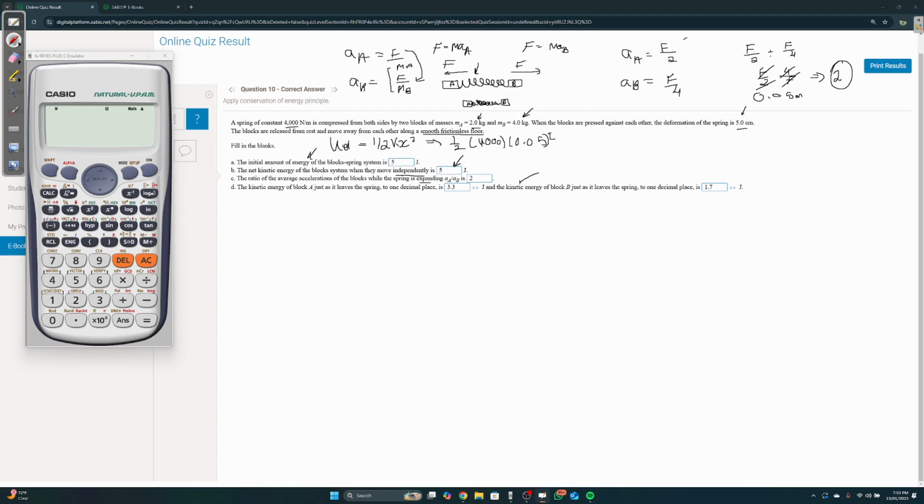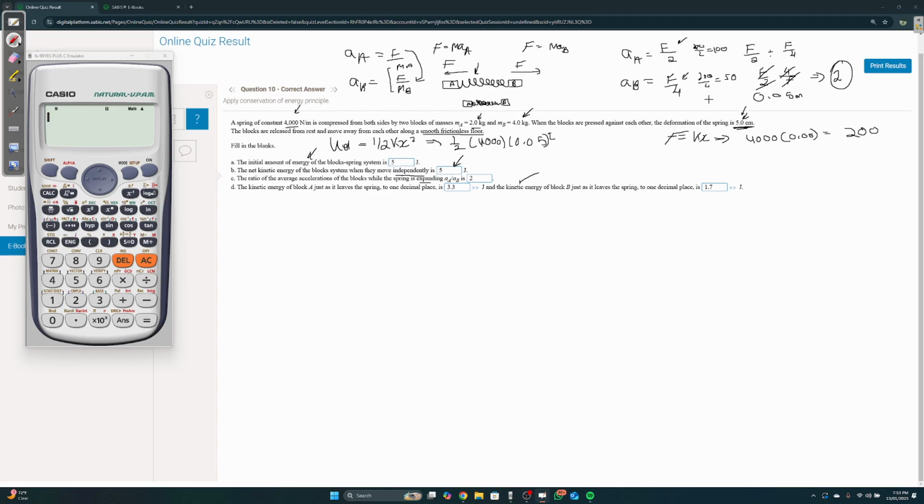How do you find the acceleration? It's F over 2 and F over 4. We know that the spring has a constant of 4,000 and a deformation of 5 centimeters. And you know that F is equal to kx, right? So you can do 4,000 times 0.05, and you get 200. So acceleration of A is going to be 200 over 2, which is 100. Acceleration of B is 200 over 4, which is 50.